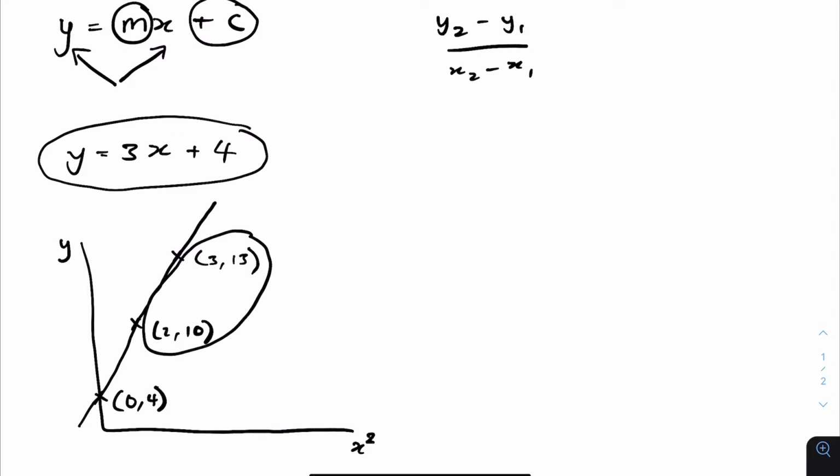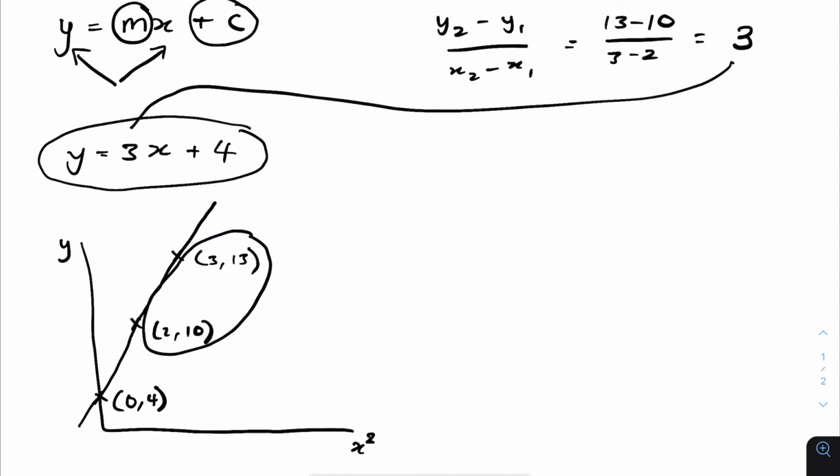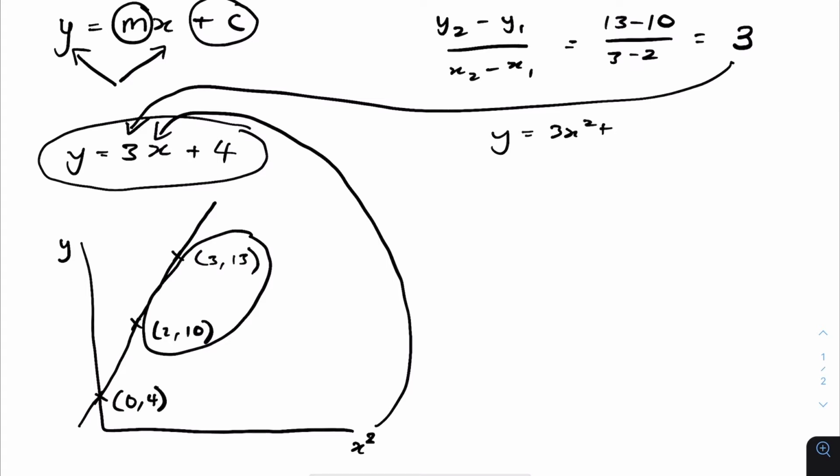Using that formula, we get 13 minus 10 over 3 minus 2, which gives us 3 over 1, which is just 3. So we get the same gradient that we're meant to get here, and obviously the y-intercept is 4. If we want to get the original function, we just substitute x squared back in there, and our function is again y equals 3x squared plus 4.